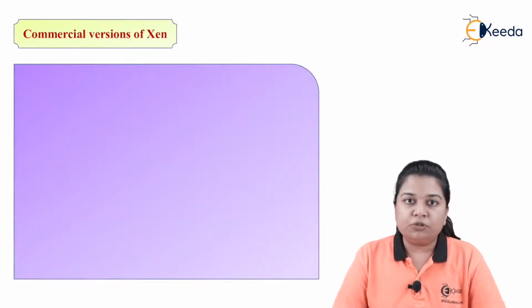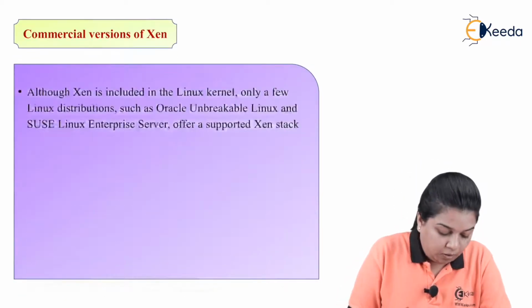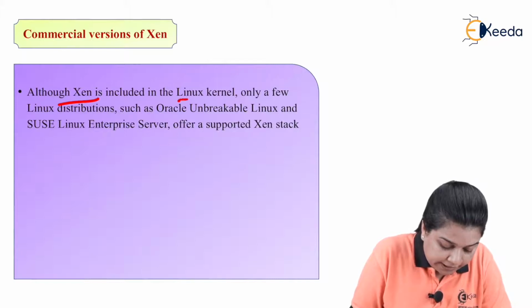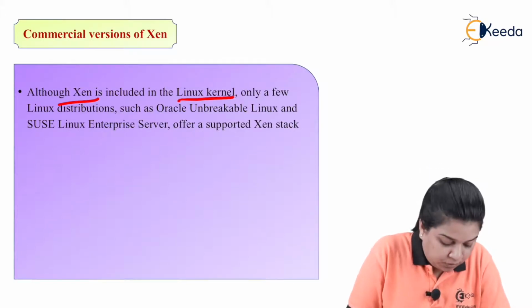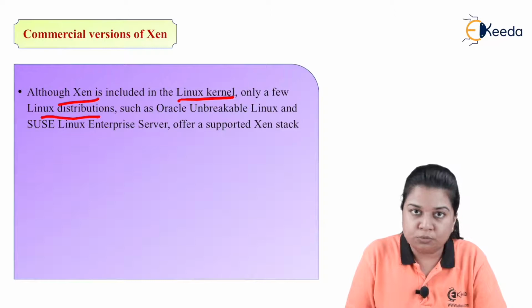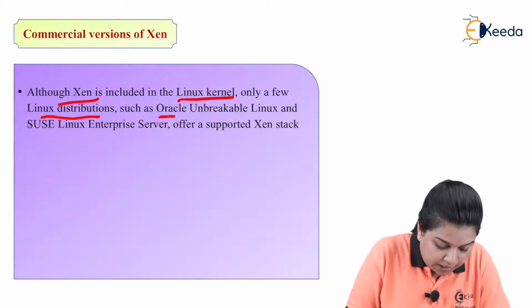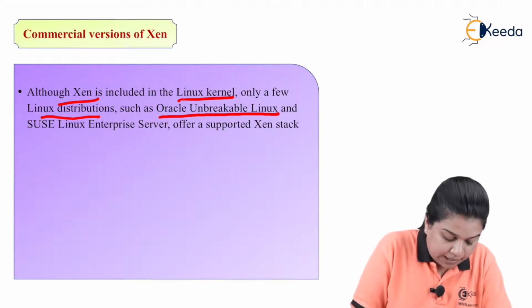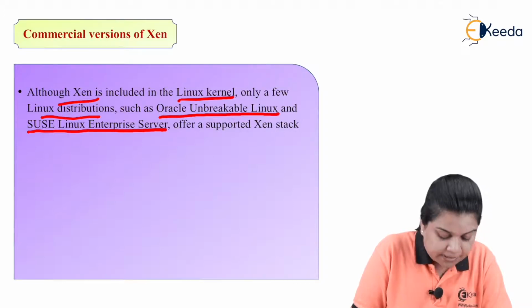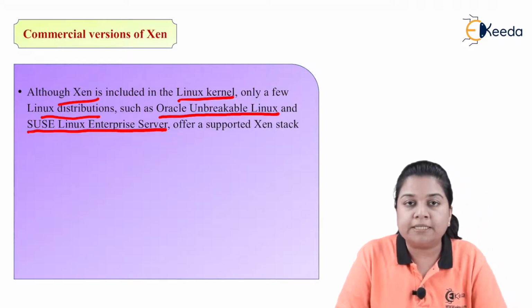Now, commercial versions of Xen. Although Xen is included in the Linux kernel, only a few Linux distributions such as Oracle Unbreakable Linux and SUSE Linux Enterprise Server offer a supported Xen stack.